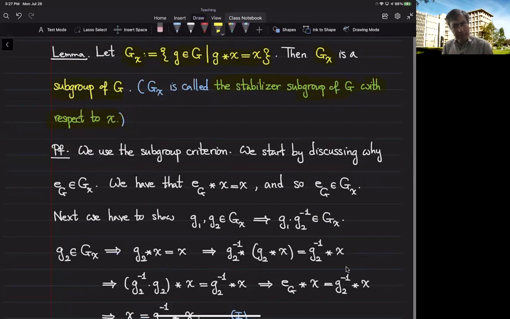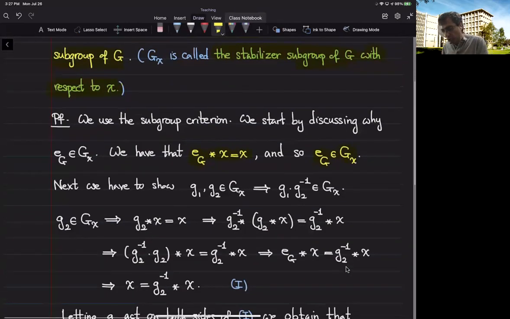That means I have to apply it to the point X, and then I have to say that it is equal to X. But this is the case, because the star is an action, and by definition, the first property of group actions, the neutral element is not supposed to move any point. It's supposed to act like the identity function. So the neutral element acting on X gives us X, and that means it belongs to the stabilizer subgroup of G with respect to the point X. It belongs to G sub X.